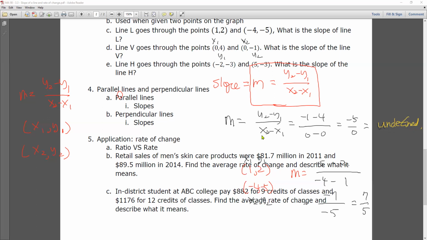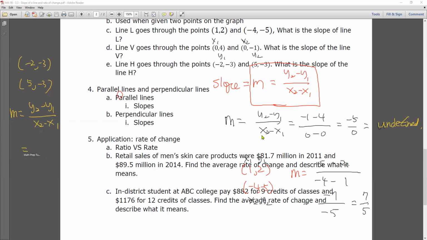Okay, and let's go ahead and move to part E. So let me erase a few more things. I need a little bit more space. So for part E, this time we're looking at the 2 points, -2, -3, and 5, -3. So slope equals y2 minus y1 over x2 minus x1.